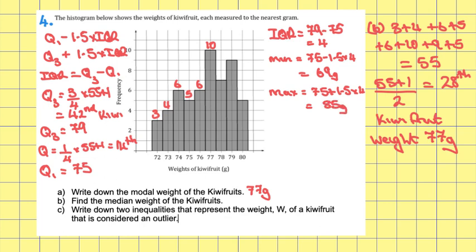So now I can write my two inequalities for outliers. The outliers are W has got to be less than 69 grams, or W has got to be greater than 85 grams.